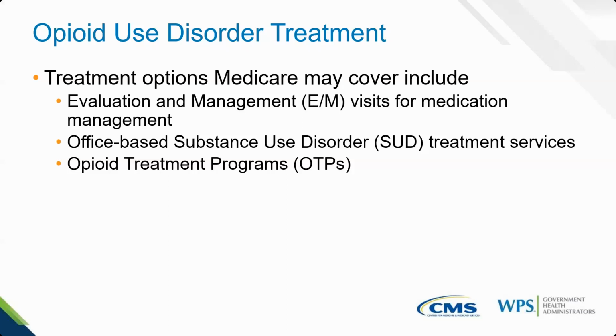These must be certified and accredited by the Substance Abuse and Mental Health Services Administration, approved by an accrediting body. So it is a little bit more intensive treatment, and they do have a little bit more details and rules related to what those services look like.